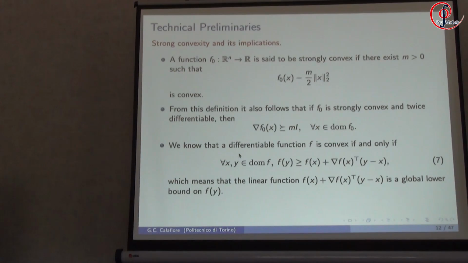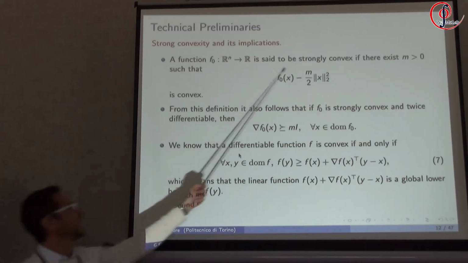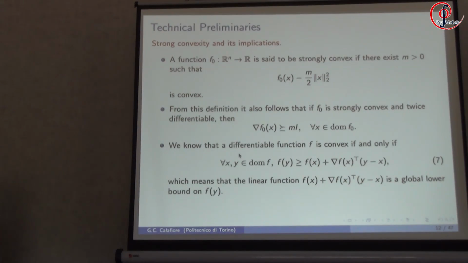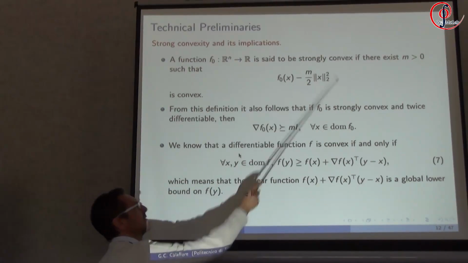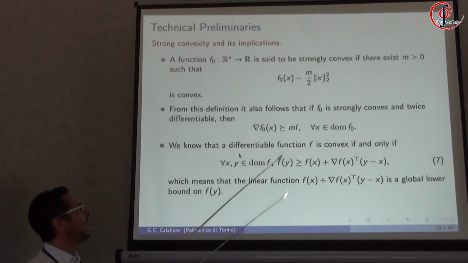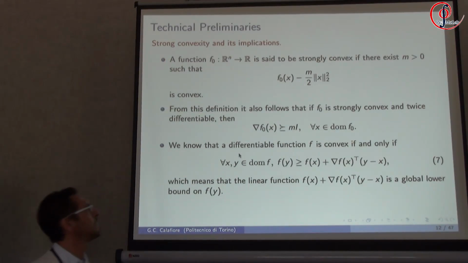Some other preliminaries and definitions. Everybody maybe knows what a convex function is, and there are also other types of convexity. Let's say one is strong convexity. So what is strong convexity? Well, a function is strongly convex when the function minus some quadratic term, m half norm of x squared, is convex.